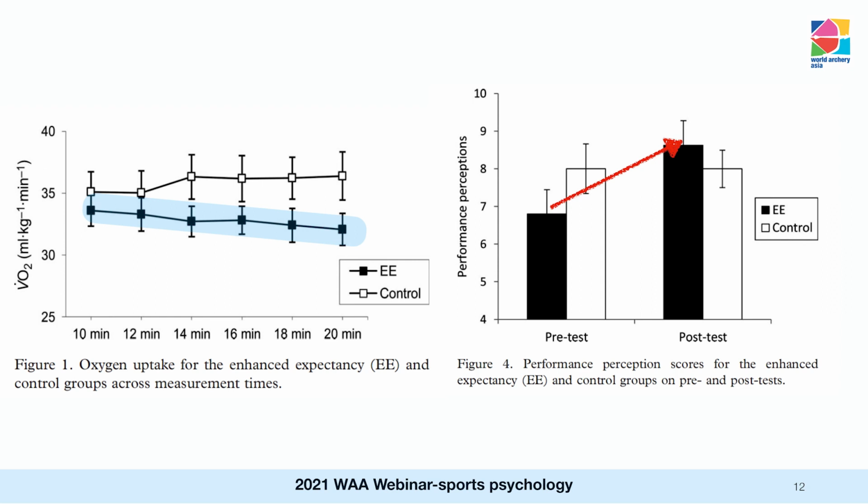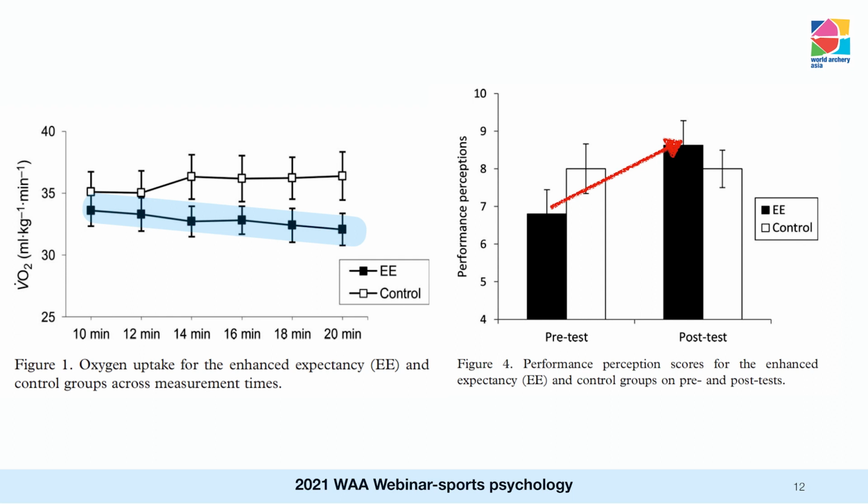But for the enhanced expectancy group, there is a trend of decrease of VO2 consumption, meaning they can maintain the speed as required, but the enhanced expectancy group can achieve this goal with lower VO2 consumption, meaning they were more efficient.